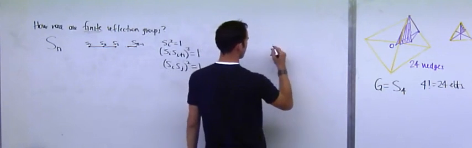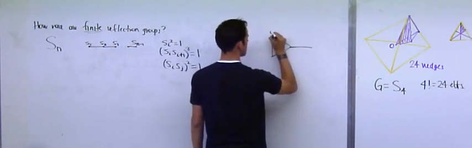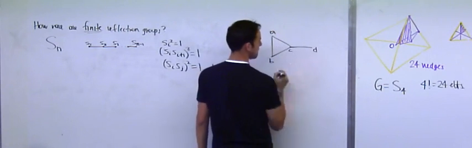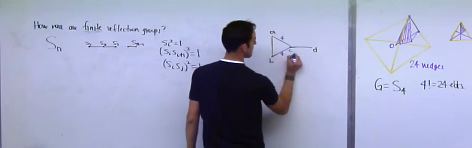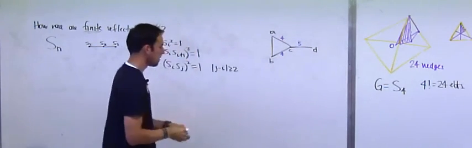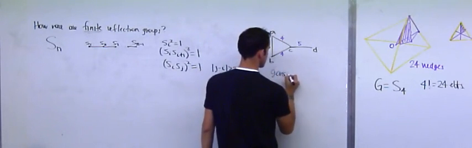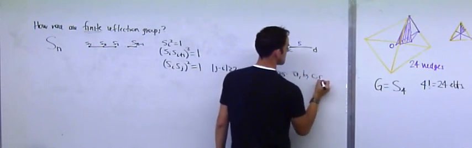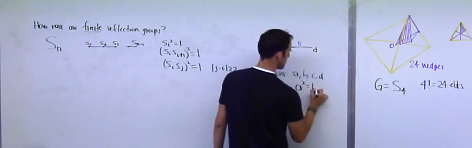Let me draw this. A, B, C, D, and let me put 4 here, and a 5 here. So this defines a group. Generators are A, B, C, and D, and the relations are A squared equals B squared, and so on.